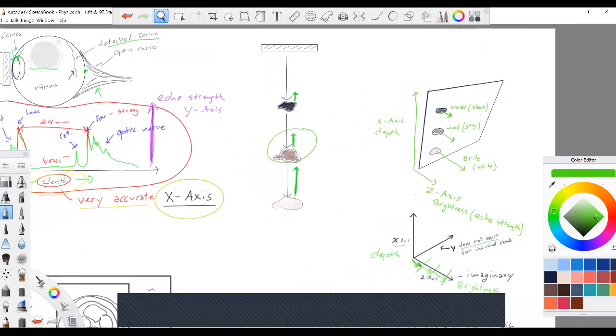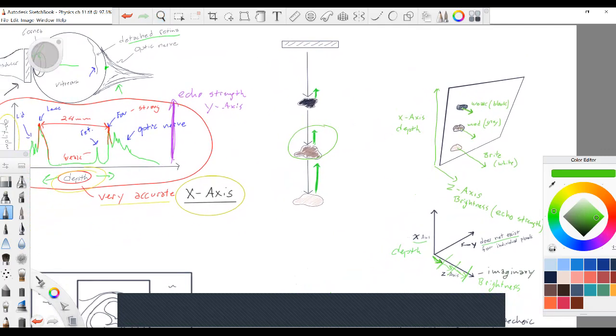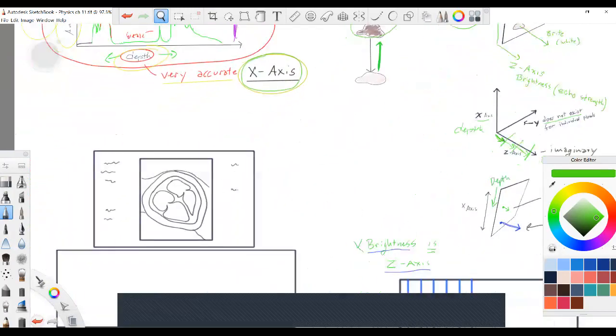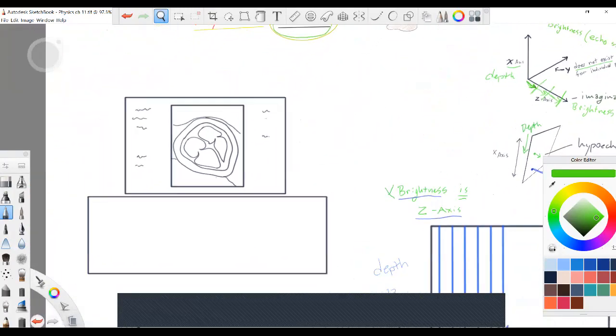One takeaway is that over here, x-axis is imaged vertically. X-axis over here is imaged horizontally, but they're both depth. So x-axis is depth. I know it's confusing, and it's one of those things. I'm going to move along.